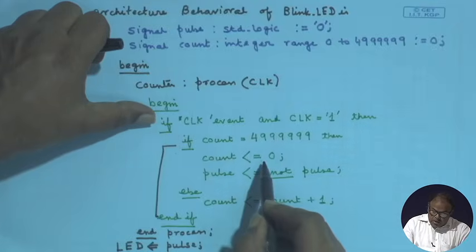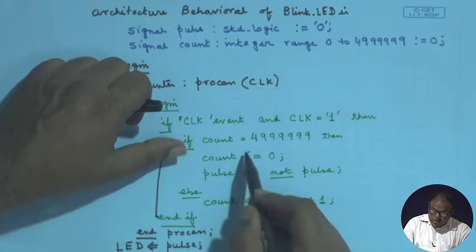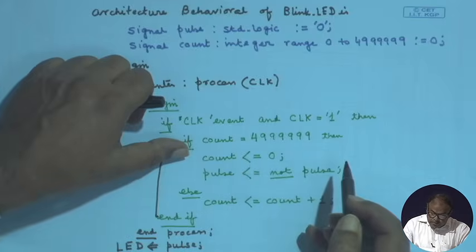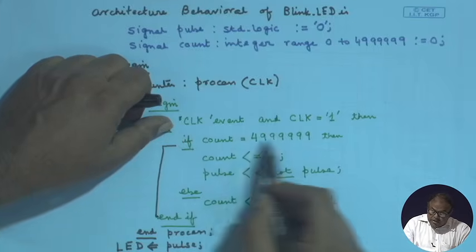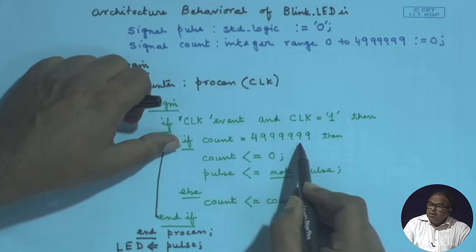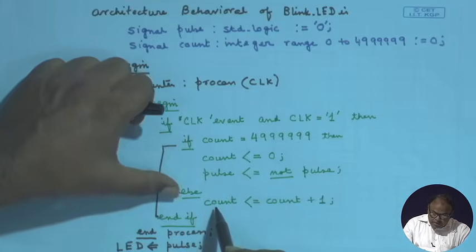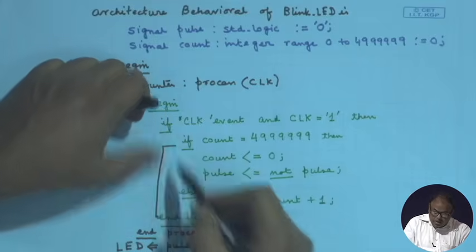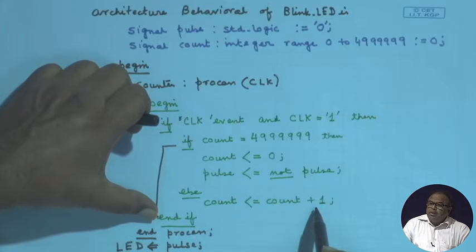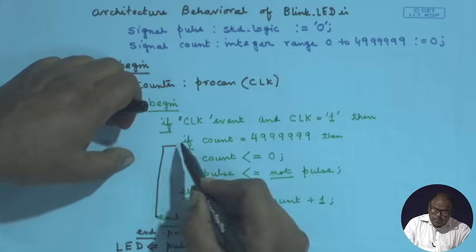Now, count is 0, and this condition is initially not satisfied. So, I am not generating the pulse, I am simply coming here on the clock event, incrementing the count and going up.